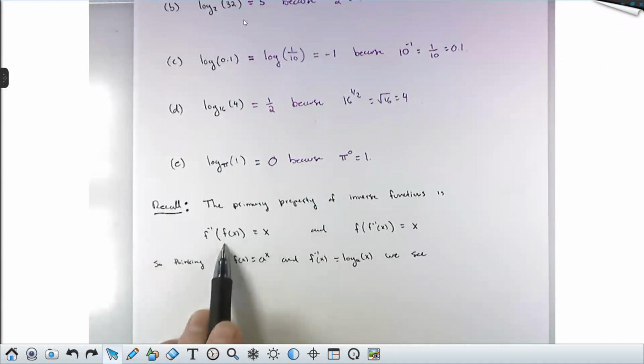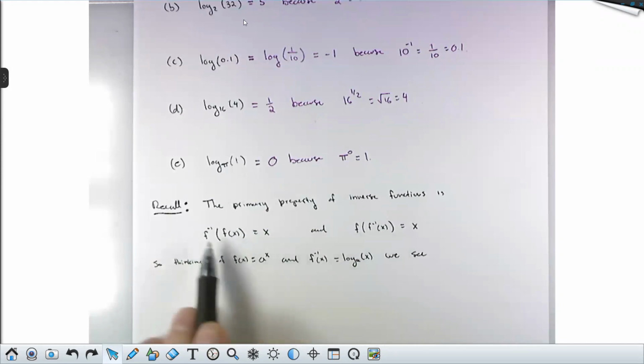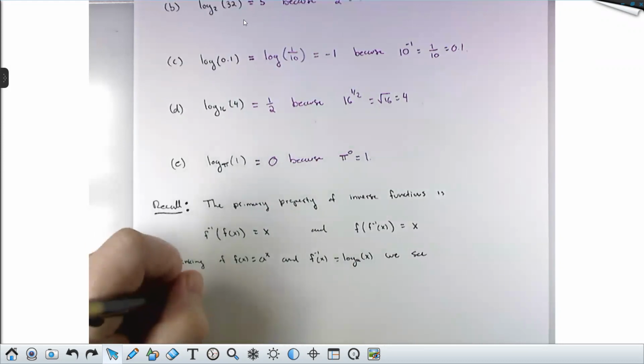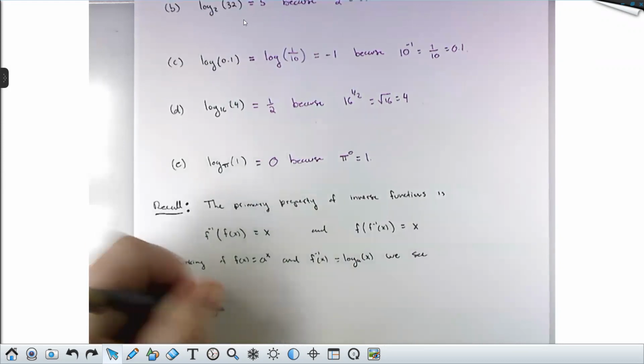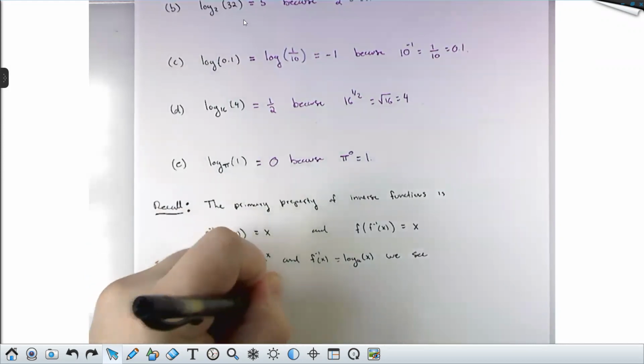I'm just going to rewrite each of these statements with these functions. The first statement here, f inverse of f of x equals x, would be the log base a of a to the x equals x.